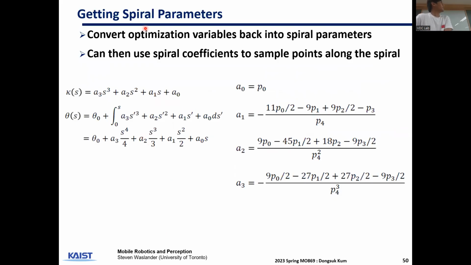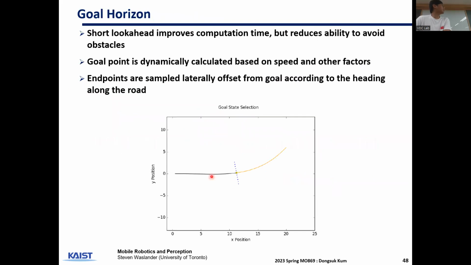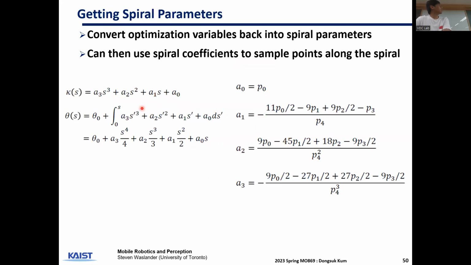We reformulate the optimization variable, converting it into the spiral parameters again. Then we can use the spiral coefficients to sample points along the spiral. If you want to find XY positions, in this case, kappa and theta, from there we can find the XY positions.